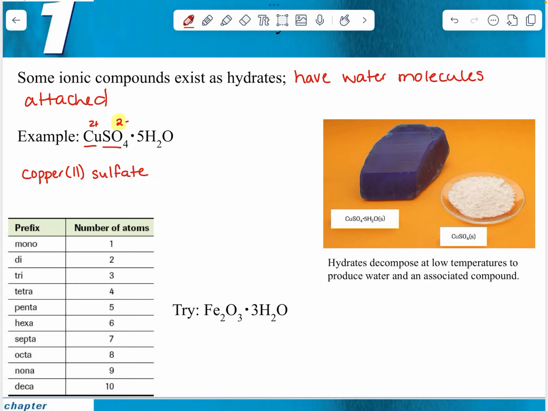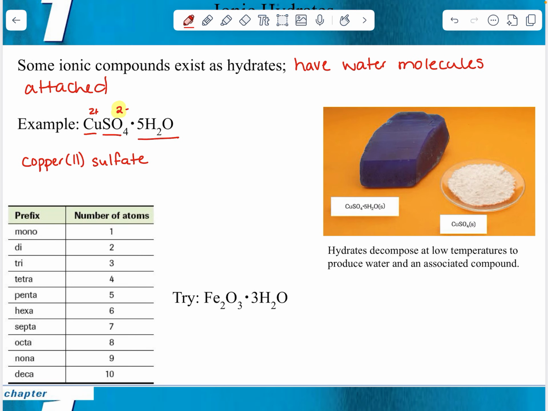And then we get to the hydrate part, the water part. And so to indicate that we have 5 of them, we actually use molecular prefixes. So if you remember these from Science 10, like mono means 1, di is 2, tri is 3, tetra is 4, penta is 5, and so on.